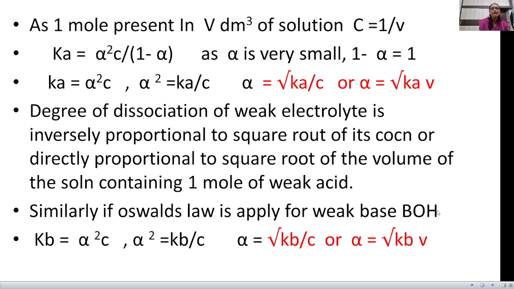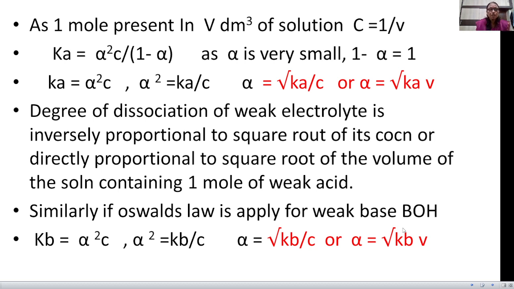BOH dissociates as B plus and OH minus, and the final equation is Kb equal to alpha square into C. In place of Ka, here write Kb, the dissociation constant of the weak base, and alpha square equal to Kb upon C, and hence alpha equal to under root of Kb upon C, or alpha equal to under root of Kb into V.